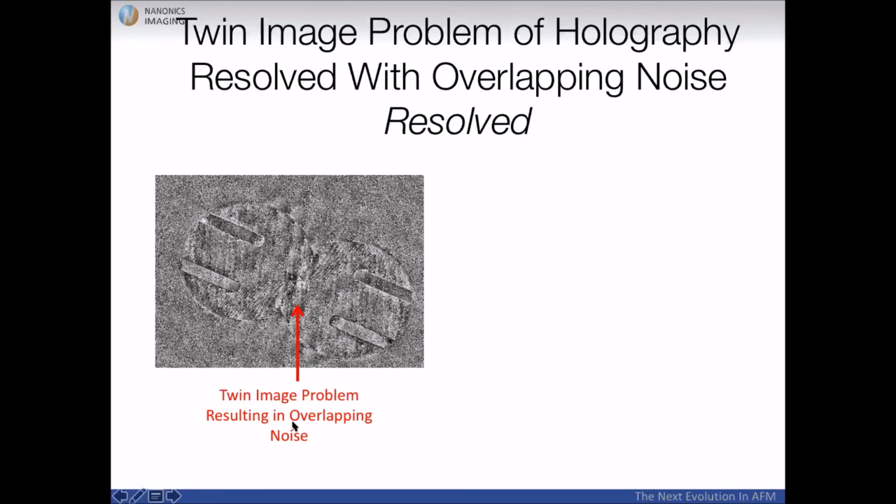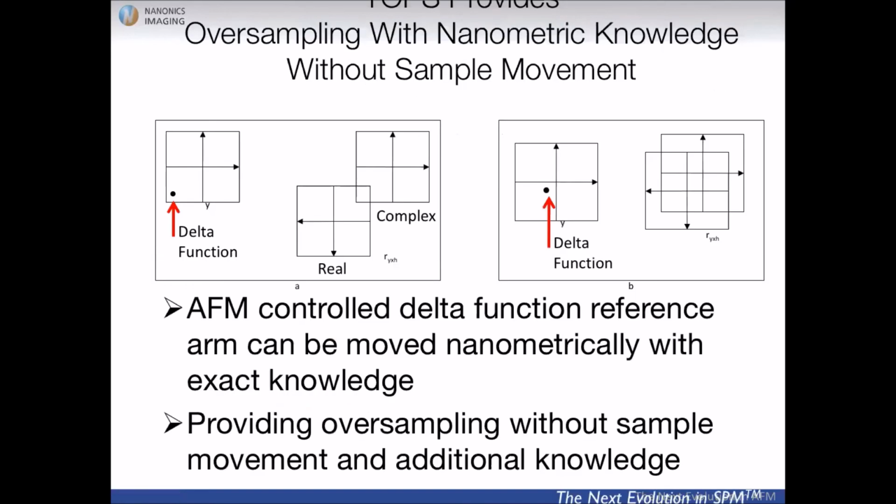This is called the twin image problem in holography. Okay. What we found was, depending on where you put the probe, if you move the probe further in, the overlap changed. This is a very interesting phenomenon because you don't have to change the sample at all. The sample is fixed, yet you are able to get two images of that sample just by moving the probe.